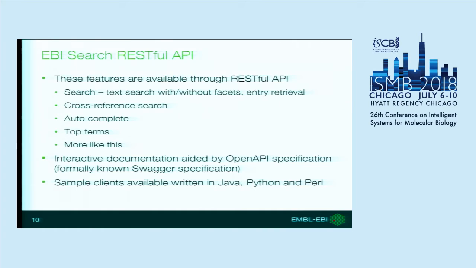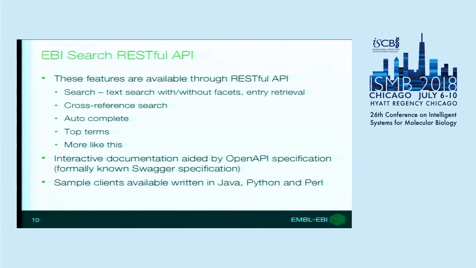We provide the cross-reference searching API, so you can build your own cross-reference network using them. Autocomplete is one of the common features available in modern search engines. And the top terms API returns a list of popular terms from a specific field. So it's good to get a hint of the data characteristics of the field.